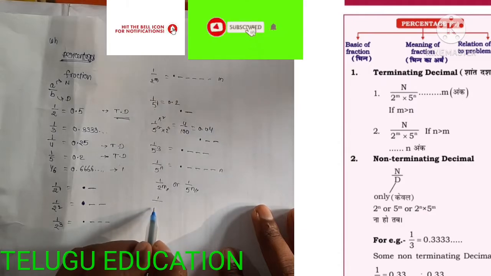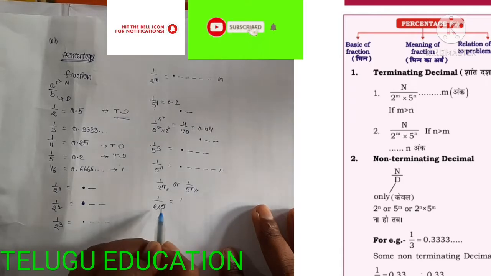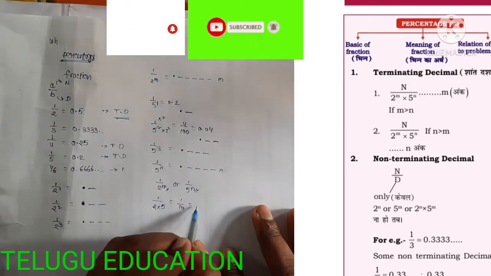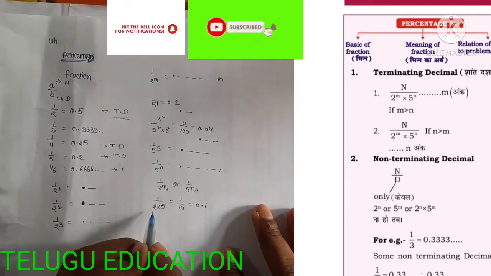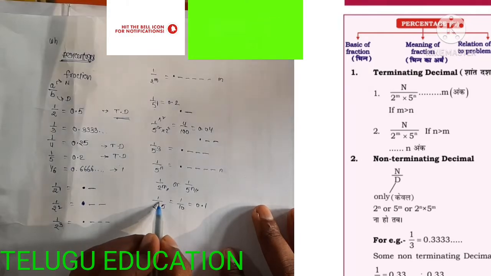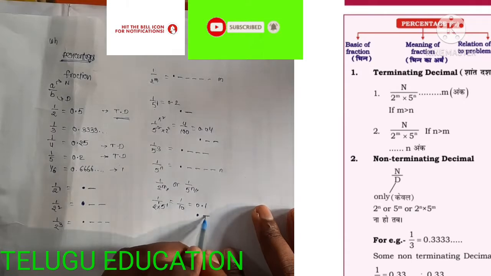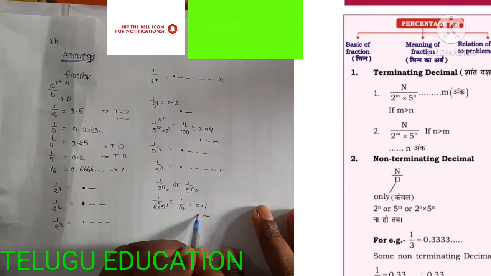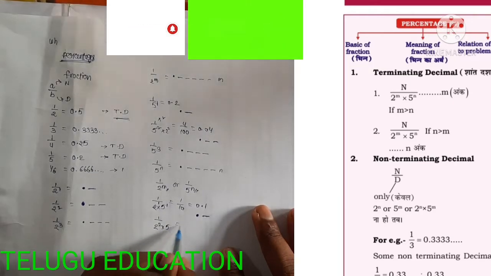Okay, 1 by 2 into 5. What is the value of 2 into 5? 10. So the value is 0.1. So 2 into 5, the highest power is 1, so after a decimal point you have to get one digit. Then 1 by 2 square into 5.